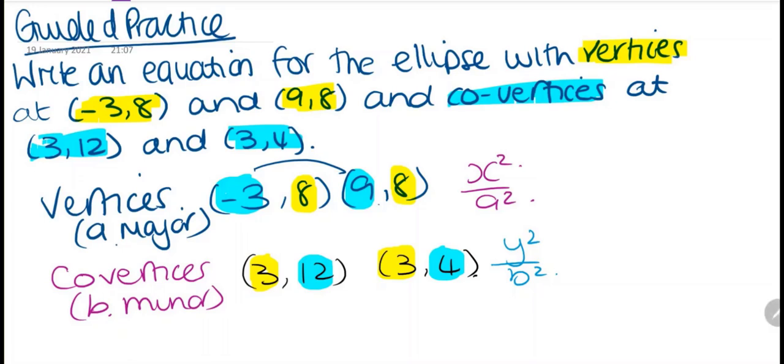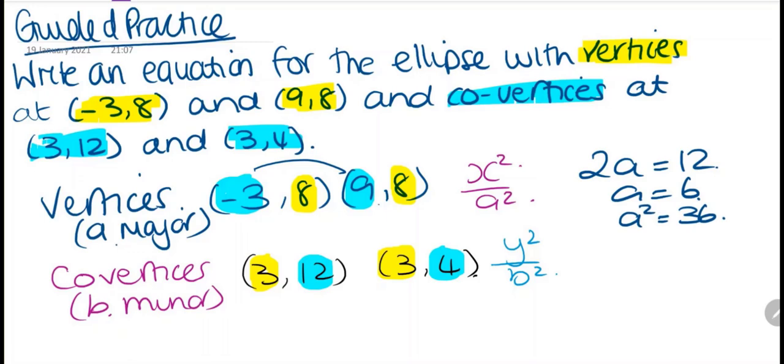Between -3 and 9, this is going to be 12. So 2a is 12, a is 6, and a squared is 36. And then for b, between 4 and 12, that's going to be 8. So 2b is 8, b is 4 and b squared is 16.